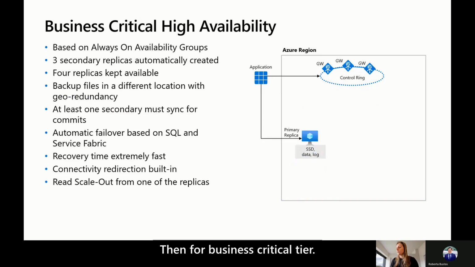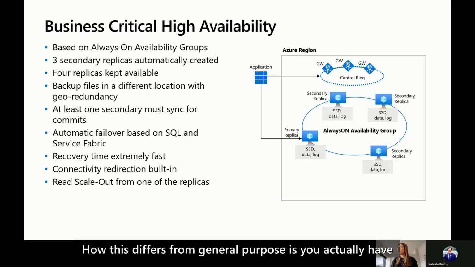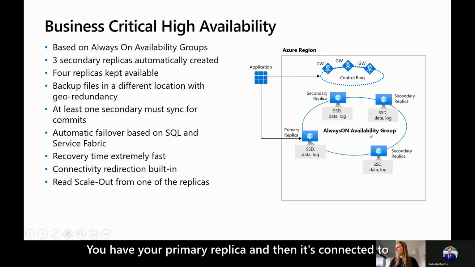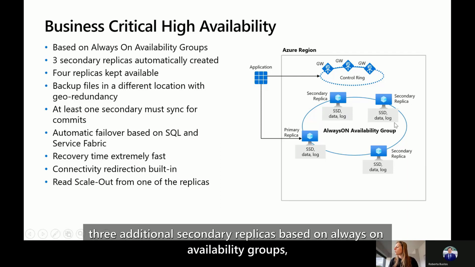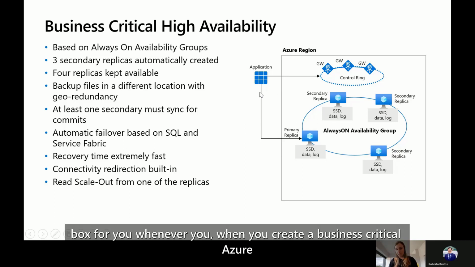Then for the business critical tier, how this differs from general purpose is you actually have 4 replicas total. You have your primary replica, and then it's connected to 3 additional secondary replicas based on Always On availability groups, which you may be familiar with from SQL Server. It's the same concept, except this is configured out of the box for you whenever you create a business critical Azure SQL database.